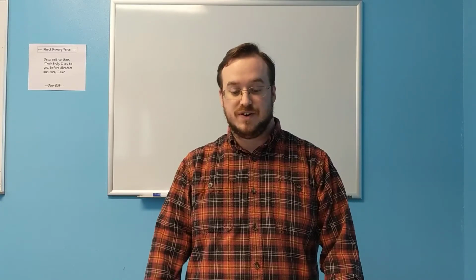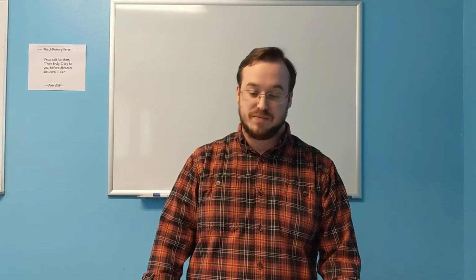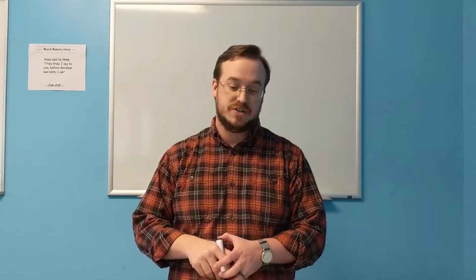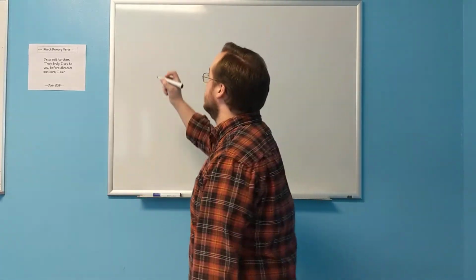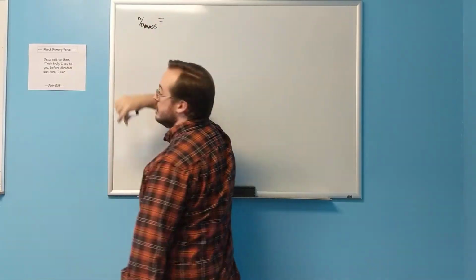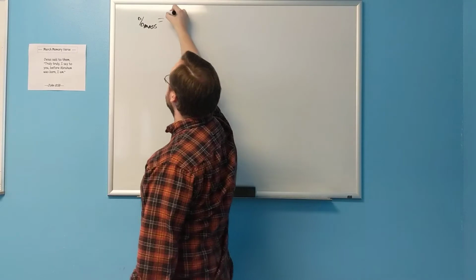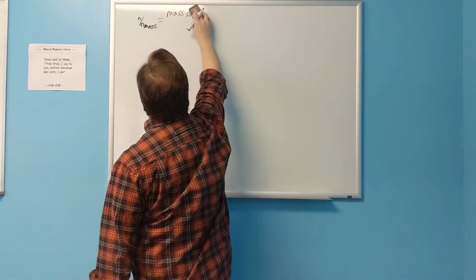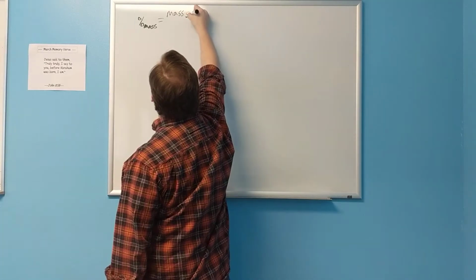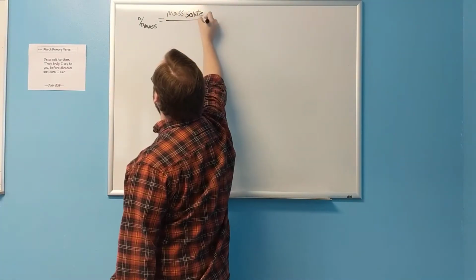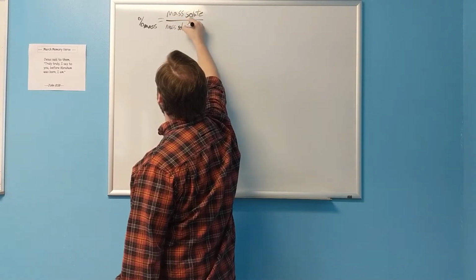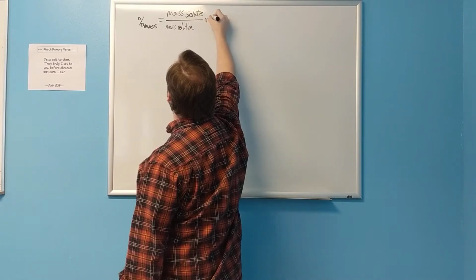All right, so the first thing I want to talk about is percent by mass and percent by volume. These work just like the other percent equations that we've done, right? Percent by mass equals the mass of solute divided by mass of the solution times 100.